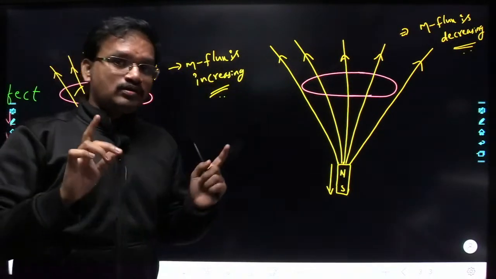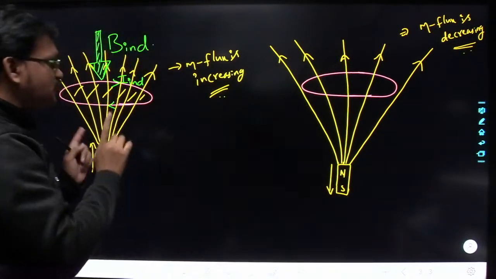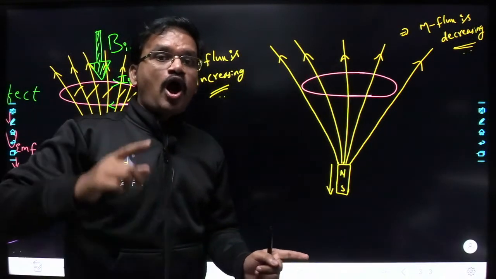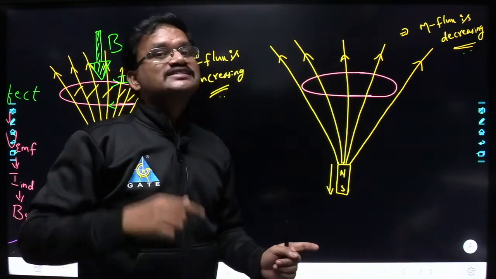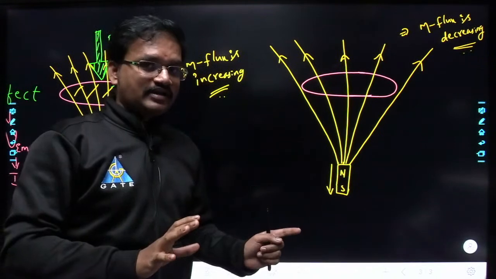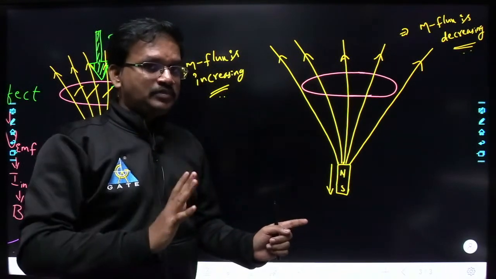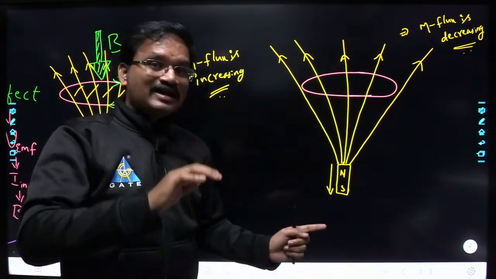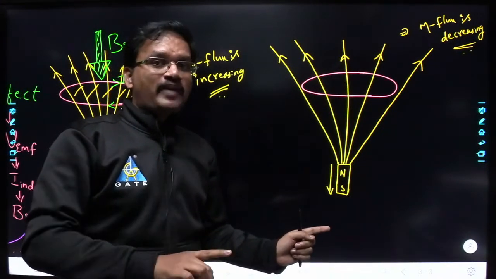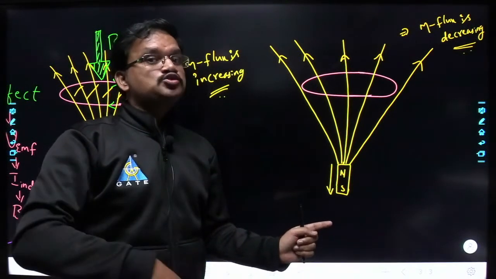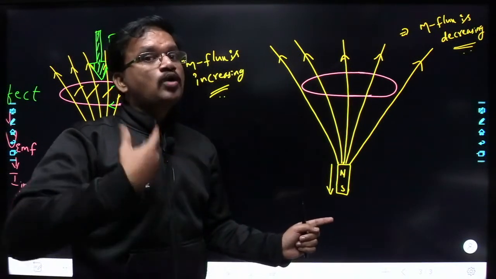Now what will the induced magnetic field do? It will try to oppose this decrease in magnetic flux. The induced magnetic field will point in a direction such that it tries to oppose this decrease.